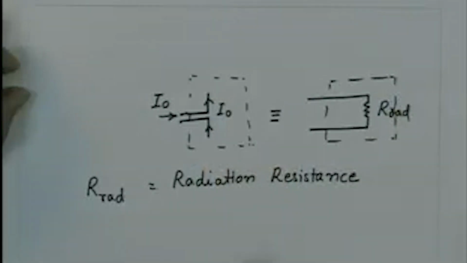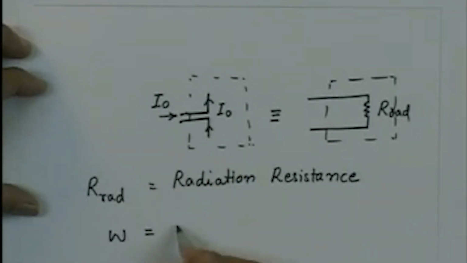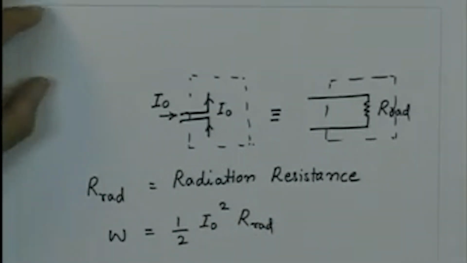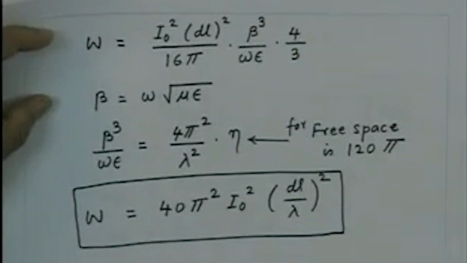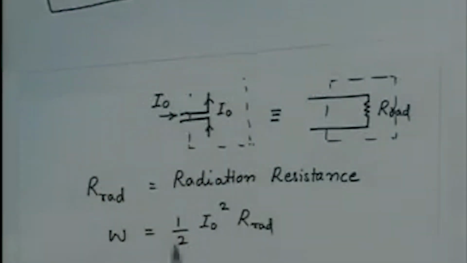So, if that is so, then the power consumed by this, if I go by the simple circuit point of view, will be simply half I0 square into the radiation resistance. So, the W from the circuit point of view should be equal to half I0 square into R radiation. Equating these two now, this is the power which is radiated by the antenna, this is the power which has gone into the terminals of the antenna.